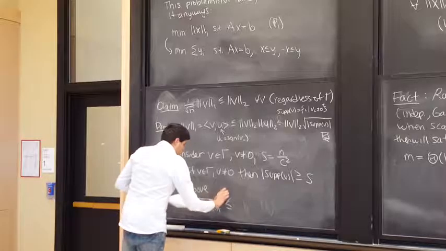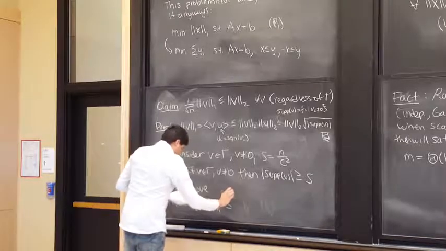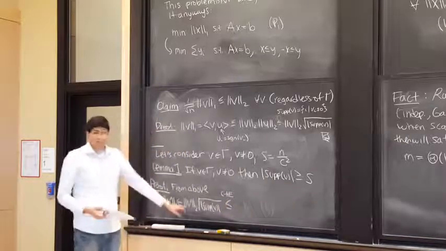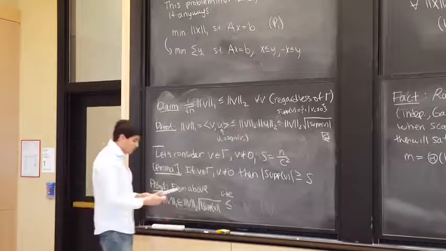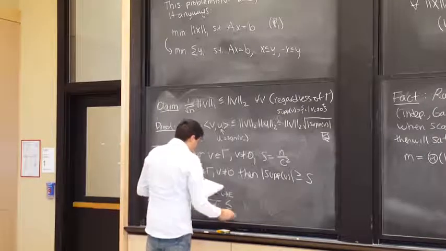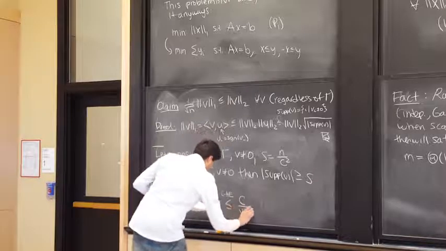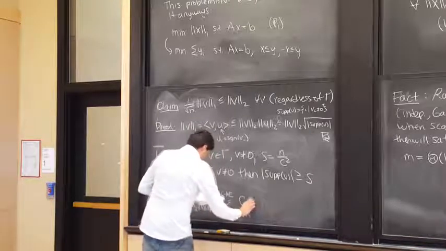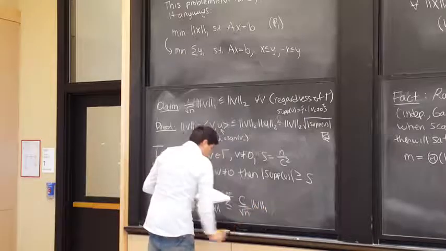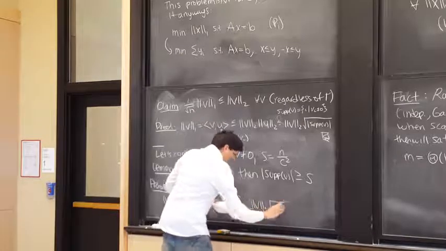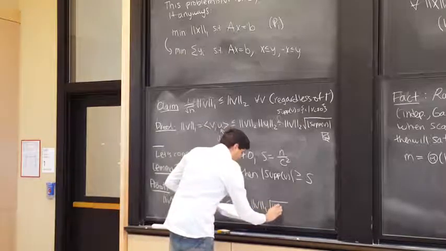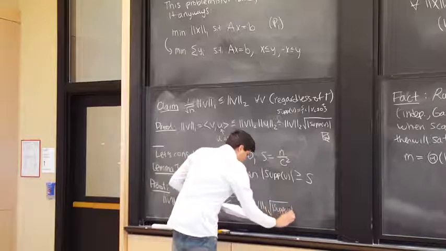Now the important thing is that if we use the C almost Euclidean property, then we can replace the 2 norm of v with what we know its upper bound must be, which is C over root n times the L1 norm of v, and then we carry over the square root of the size of the support of v.